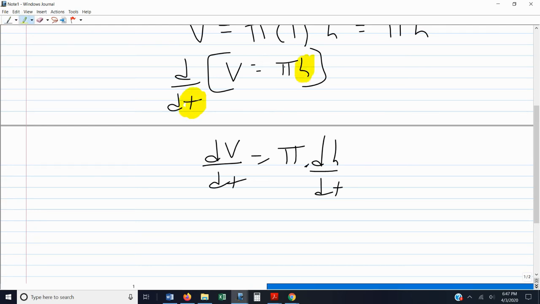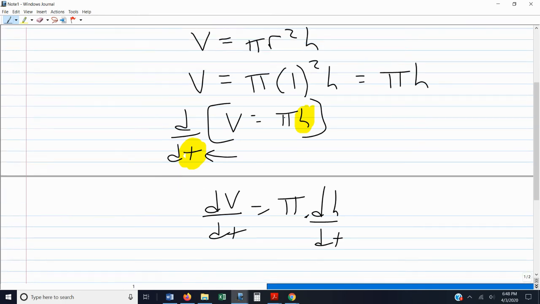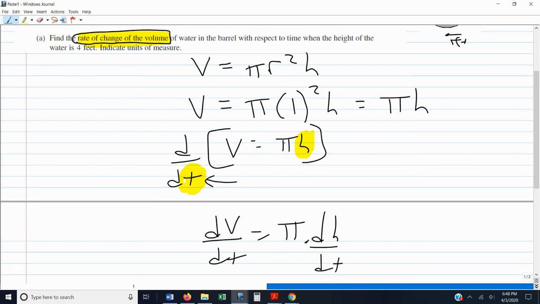That's why we're saying the derivative of h is h prime as opposed to being 1. The derivative of h is not 1 because h is not our independent variable. So we have dV/dt is pi times dh/dt. And all we have to do is plug in, we have a height of 4.